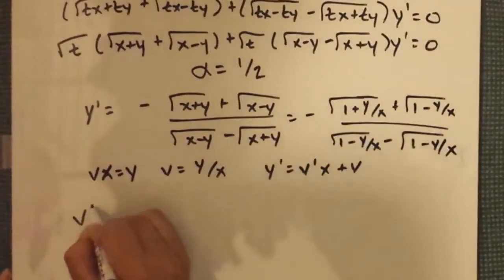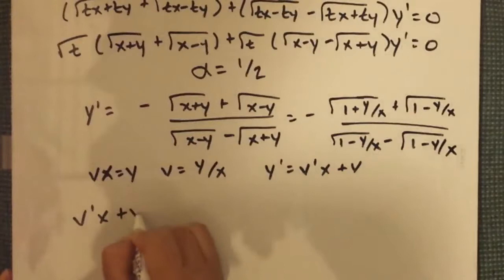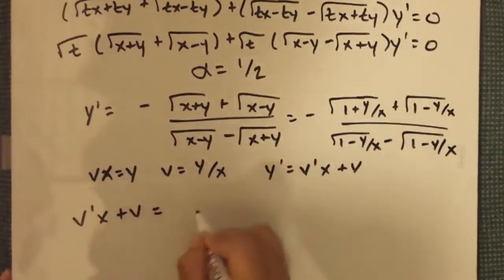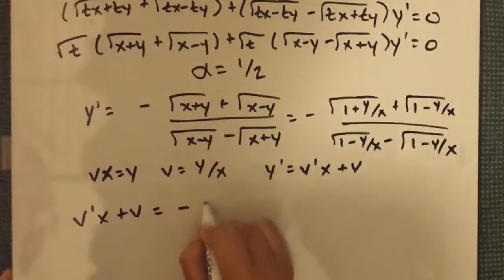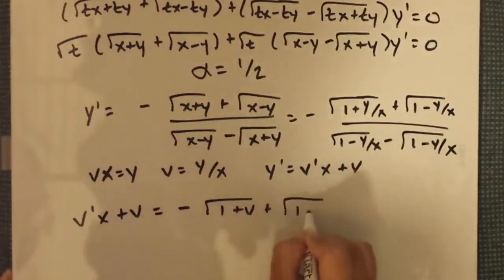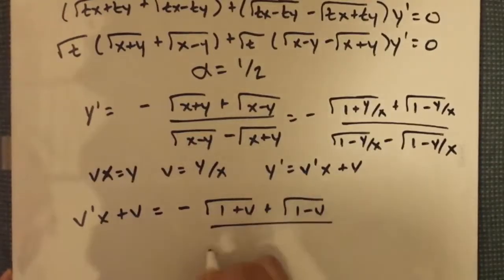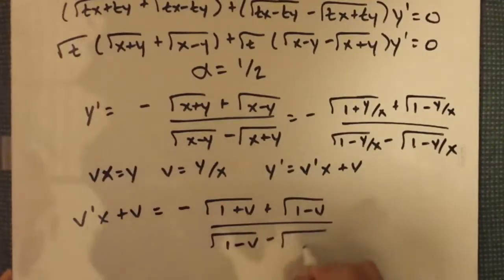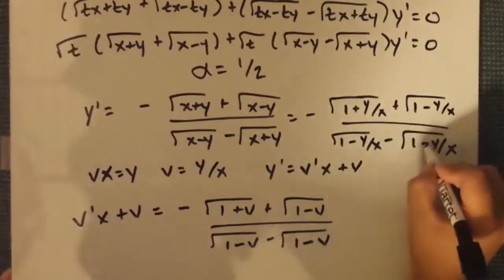Then we get v prime x plus v is equal to minus the square root of 1 plus v plus the square root of 1 minus v, over the square root of 1 minus v minus the square root of 1 plus v.